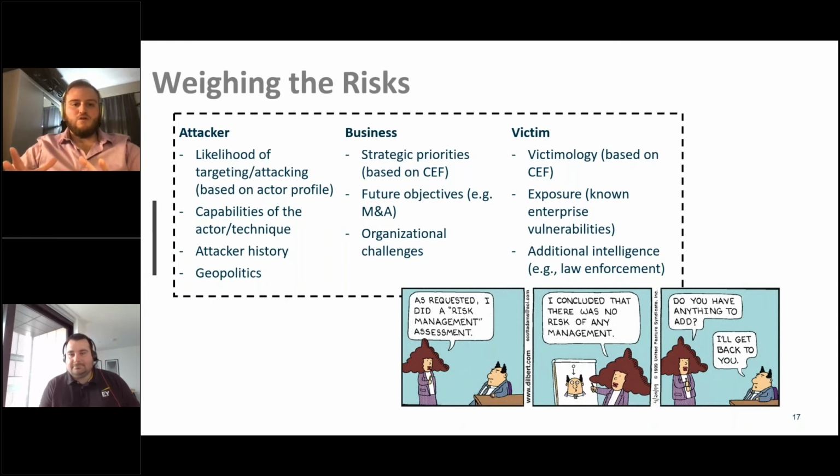Then we look at the business profile. We say, what are our strategic priorities? Do those link back to the attacker? Would the attacker focus on us because of these strategic priorities, our CEFs? How about our future objectives? Do we have anything big in the works? Is there a reason that these attackers would shift gears and start focusing on us because of something we have planned for the future?